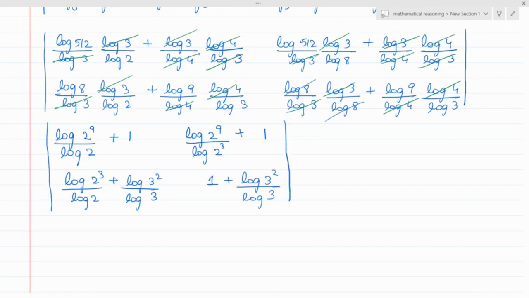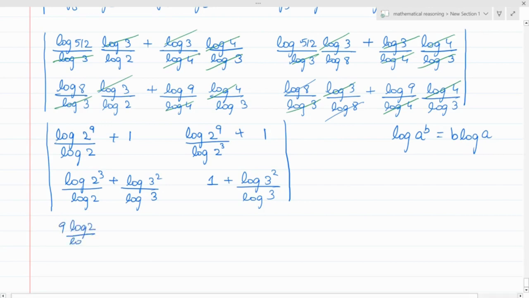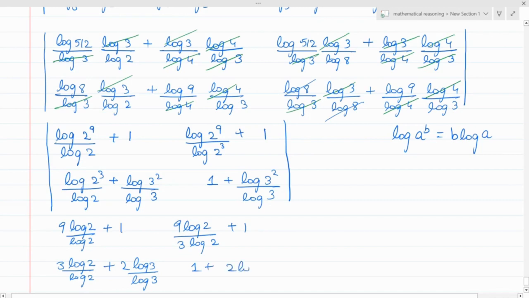So now again we have one more property, that log a power b is nothing but b log a. So if we write log 2 power 9, it becomes 9 times log 2 upon log 2 plus 1, and 9 times log 2 upon 3 times log 2 plus 1, and 3 times log 2 upon log 2, 1 plus 2 times log 3 upon log 3.